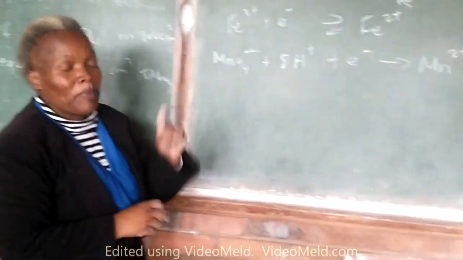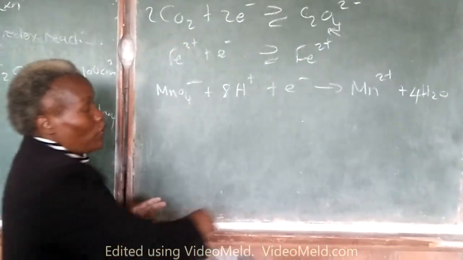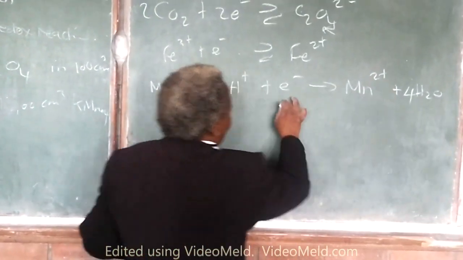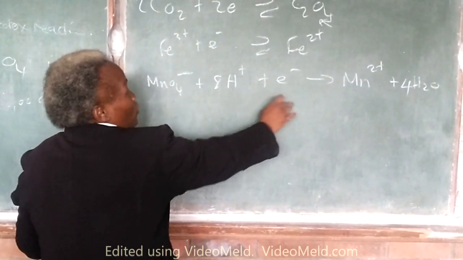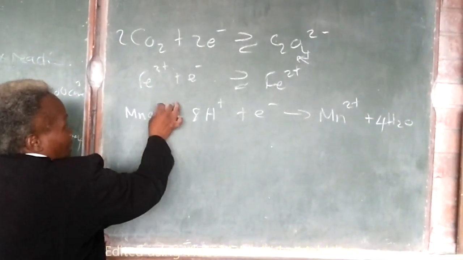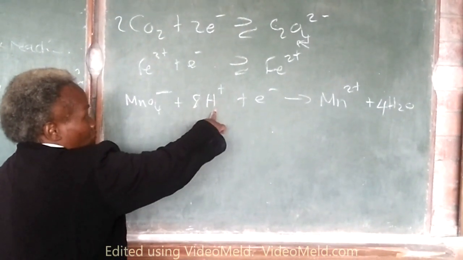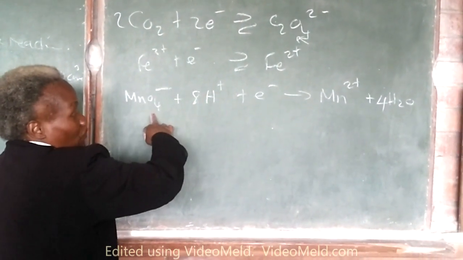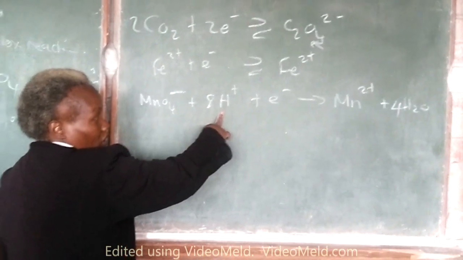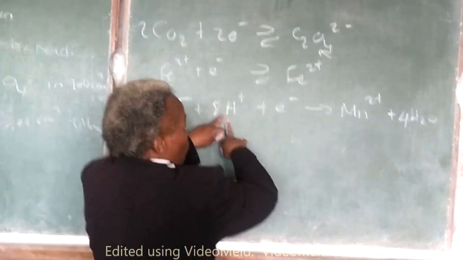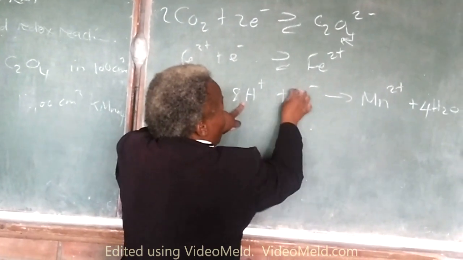I can use balancing of charges. Here we have an overall of 2 plus, so it also means here we must end up with 2 plus. There is a negative already, 8 positives, so we end up with plus 7. And in order to remain with plus 2, I need 5.